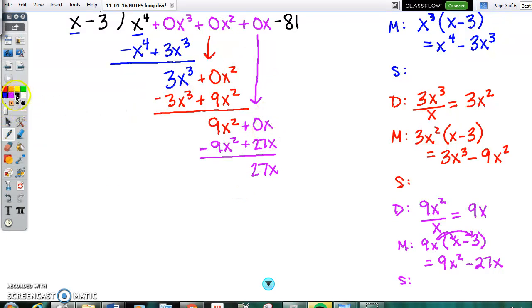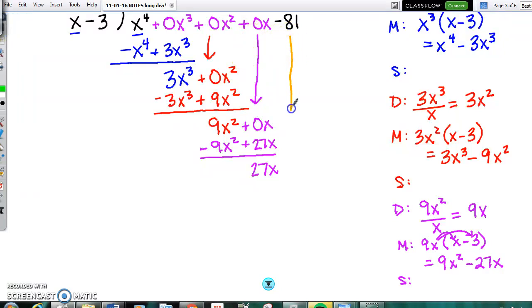And then we drop it like it's hot. Let's see, I've used blue, red, purple. Let's use orange. Alright. This time we're not dropping a 0, we're dropping a negative 81. Is it okay if I use this space for a second? Let's do that. So we divide, multiply, subtract.